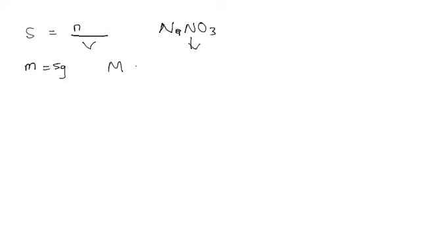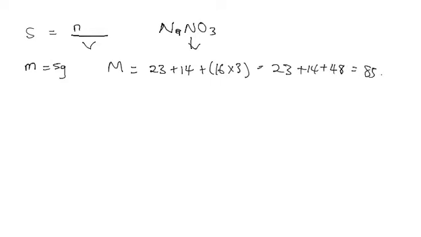Then we use this to calculate our molar mass M. Sodium is 23, plus nitrogen 14 and oxygen 16 in 3 places. So this gives us 23 plus 14 plus 48, which is 85 grams per mole. With this, we can calculate the number of moles, which is equal to the mass divided by the molar mass. So we have 5 divided by 85.